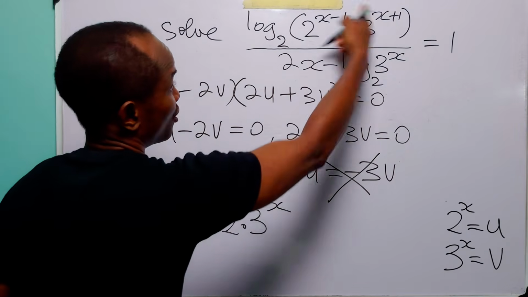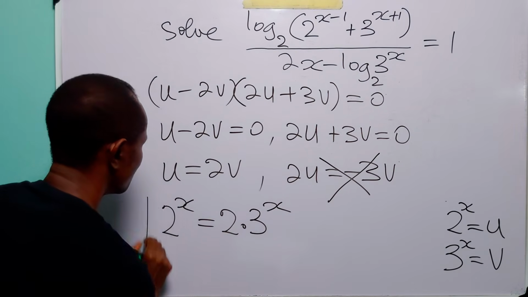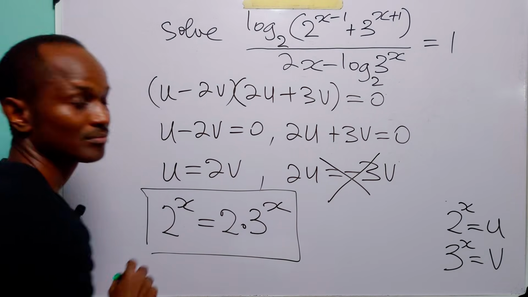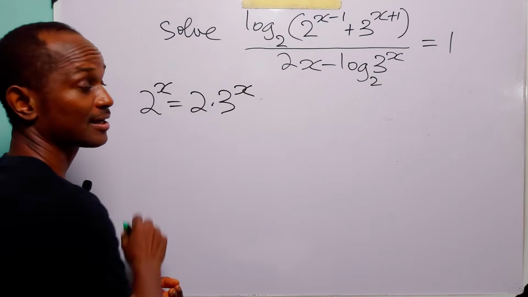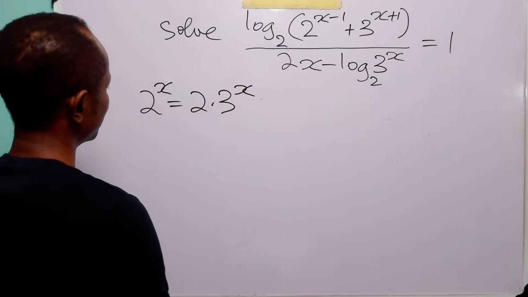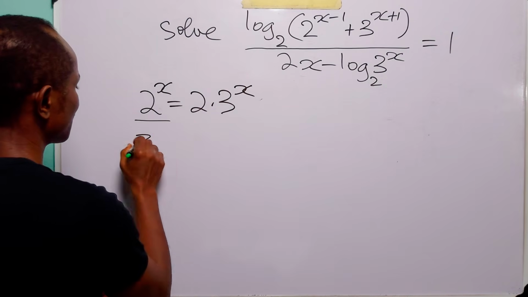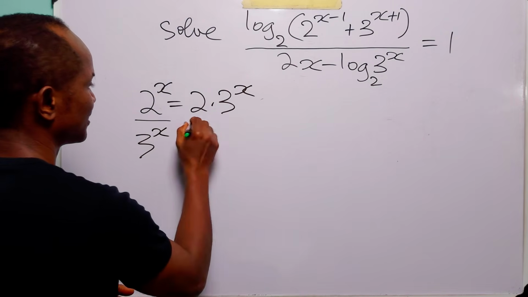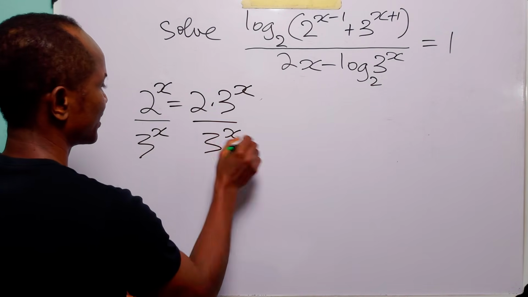So this logarithmic equation has been reduced to this. And to solve this equation, let us divide both sides by 3 to the power x. That is, this over 3 to the power x and over 3 to the power x.